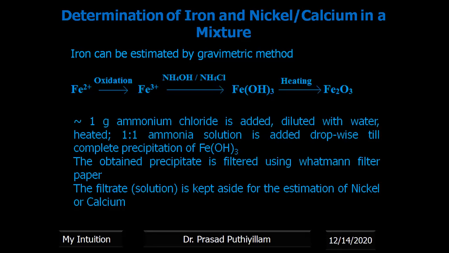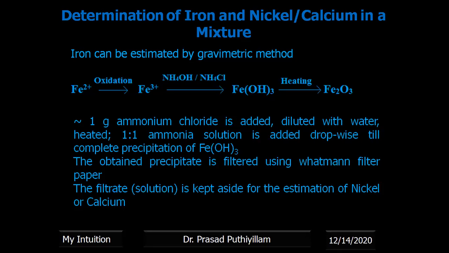Approximately 1 gram of ammonium chloride is added, diluted with water, then heated. Into that hot solution, 1:1 ammonia solution is added dropwise till the Fe3+ is completely precipitated as Fe(OH)3, and the completion of precipitation also needs to be checked. The obtained precipitate is filtered using Whatman filter paper.